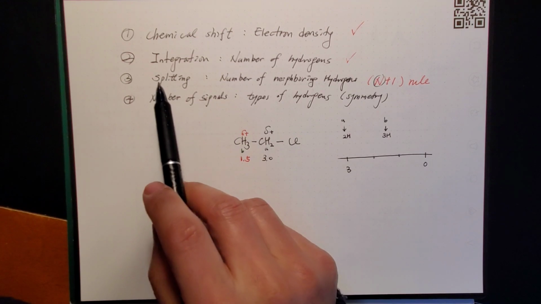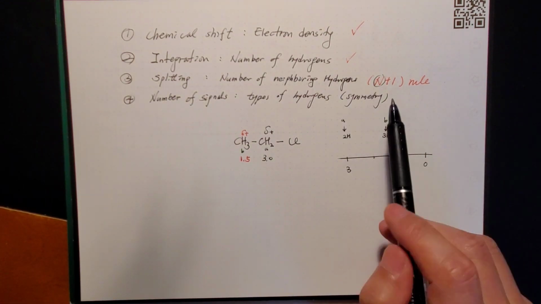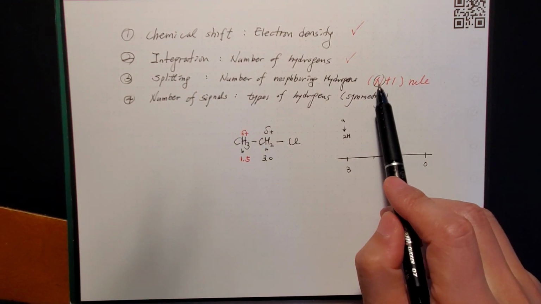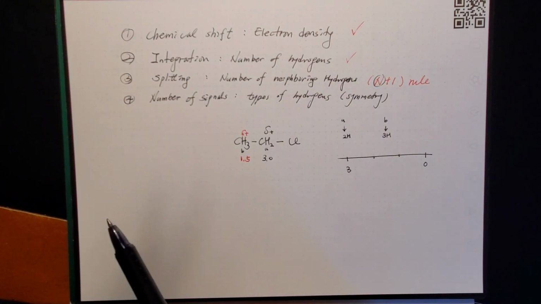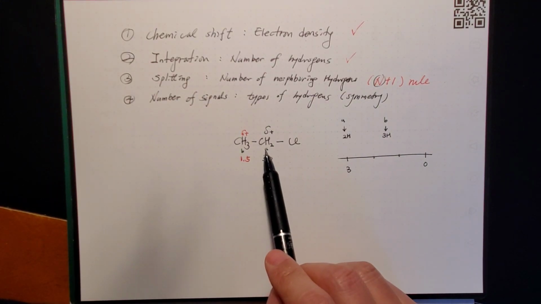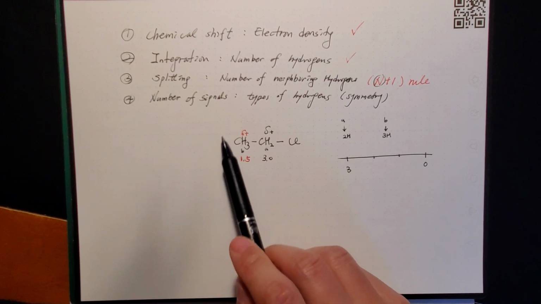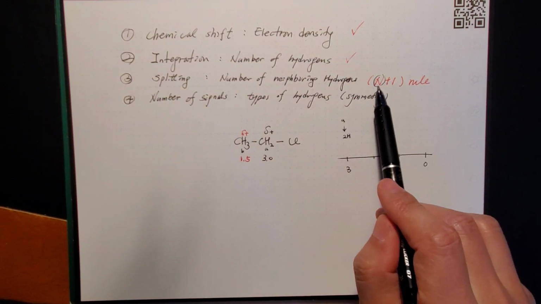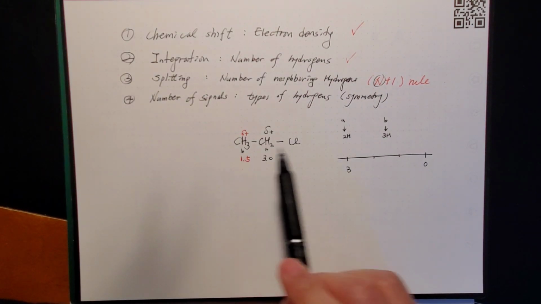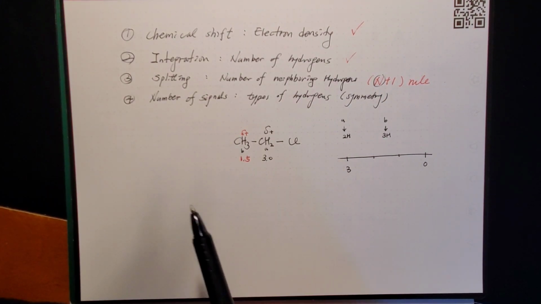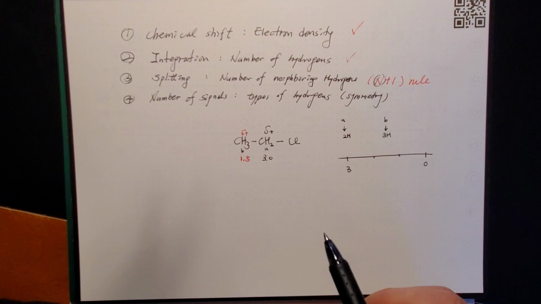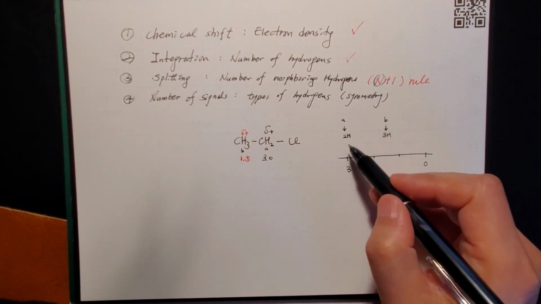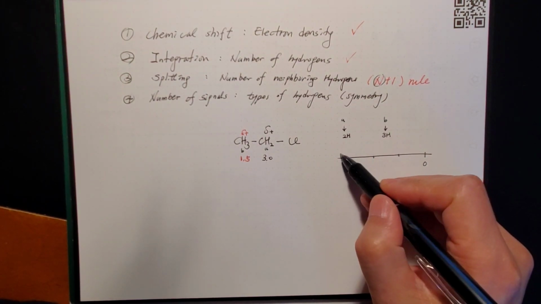Then the splitting, that's what I'm trying to tell you. N+1 is the rule. So for A, the neighbor is B, and there are 3 of them. So you say 3 plus 1, 4. So the A gets 4 lines. So it's a quartet, 4 lines with the 2 hydrogen area.